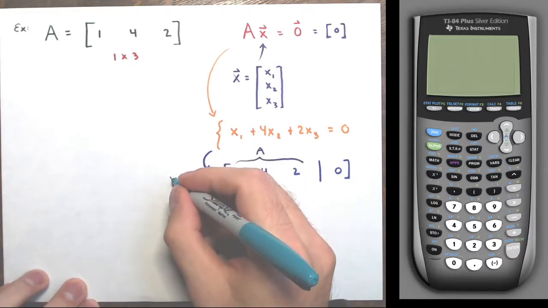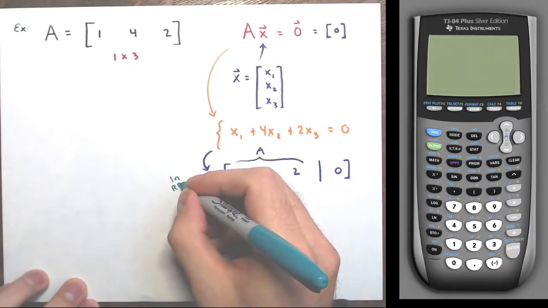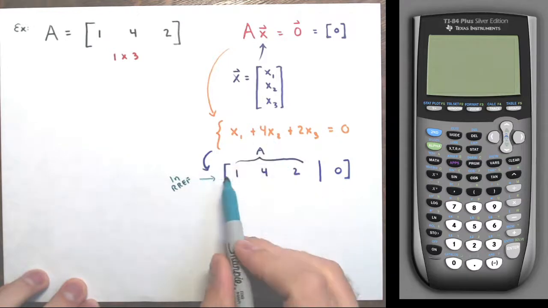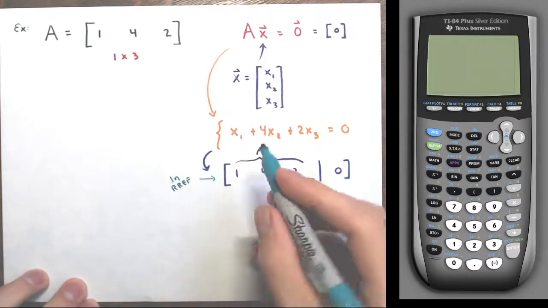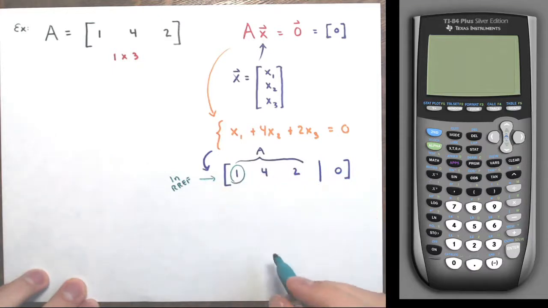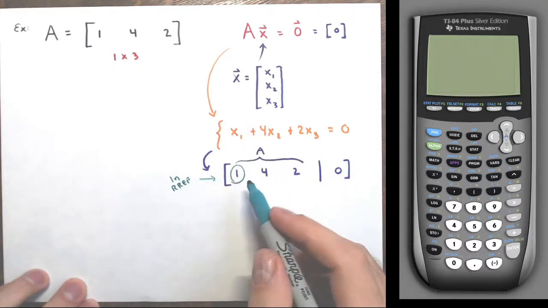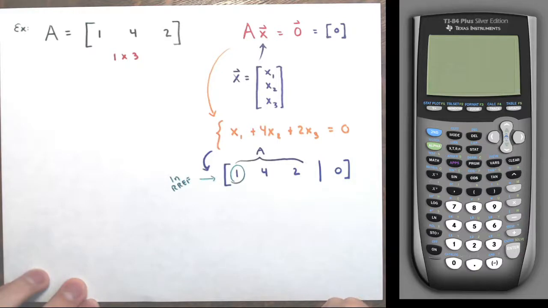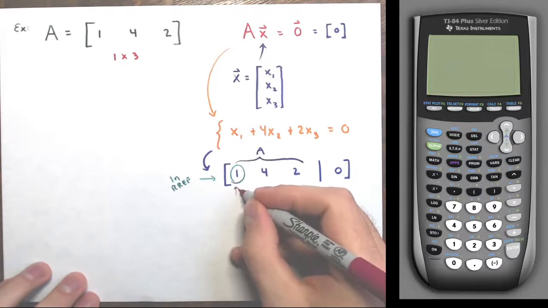But this is already in that reduced row echelon form, right? The first non-zero entry, this pivot position here is a 1, and there's zeros above and below it because there's nothing above and below it, right? And that's it. So the only basic variable is x1.